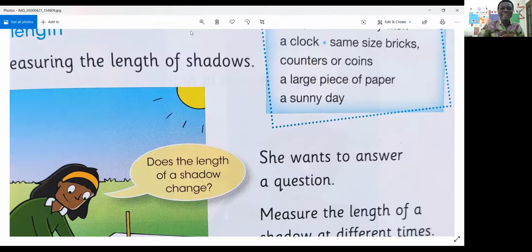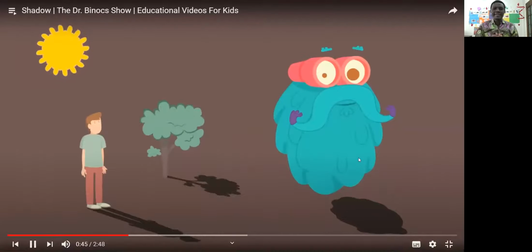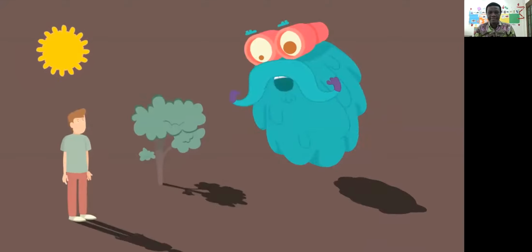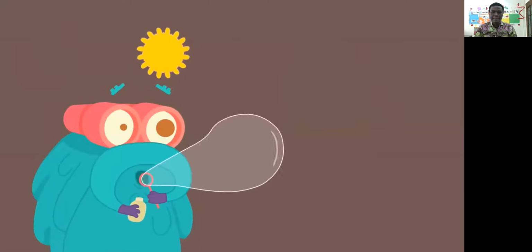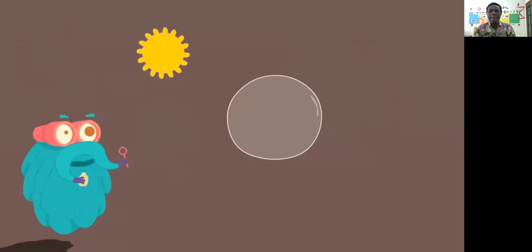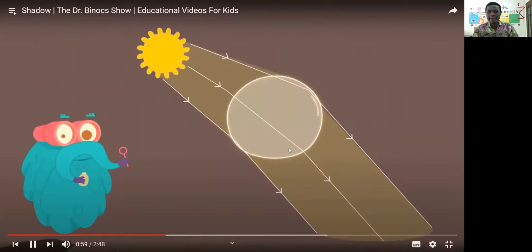Okay, so bear with me, watch this small video, and then you will answer that question easily. Well, here we go. Video. You can only see shadows of objects that are visible to eyes. For example, a tree will have a shadow, so will you and I. But not air and water, because light can pass through them.